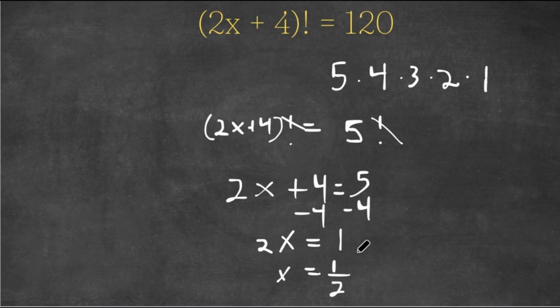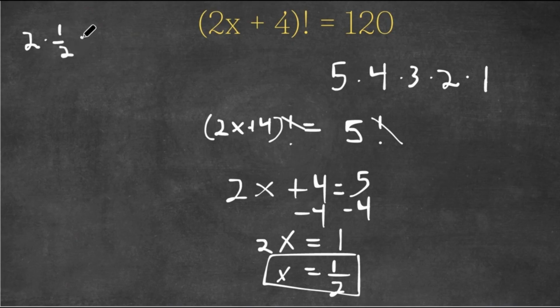And now let's go ahead and plug it in and see if it's right. So we're going to plug in x for 1/2, so we have (2 times 1/2 plus 4) factorial is equal to 120.